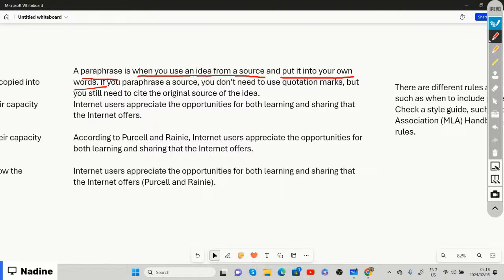So, a paraphrase is when you use an idea from a source and you put it into your own words. And if you paraphrase a specific text, then you do not need to put it into quotation marks.